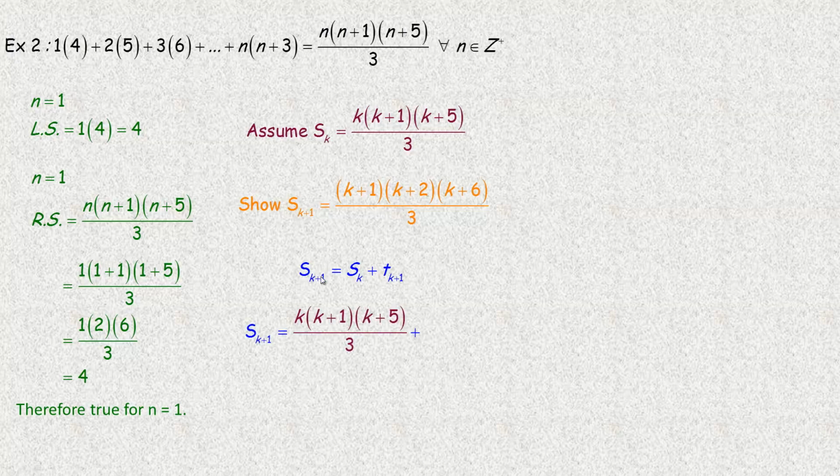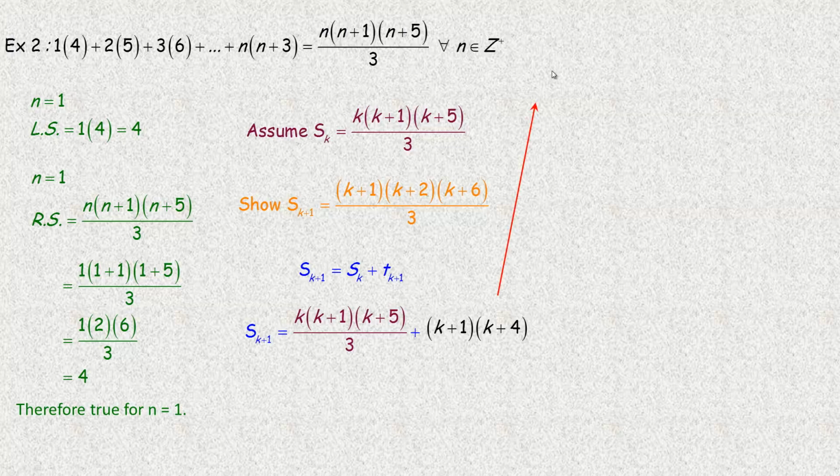The sum of the first k terms, from the induction hypothesis, is k times (k plus 1) times (k plus 5) over 3. Plus, what's the k plus first term? This is the general term formula to find any term. If I put k plus 1 in place of n here, that's k plus 1, and k plus 1 plus 3 would be k plus 4. So that is the k plus first term.